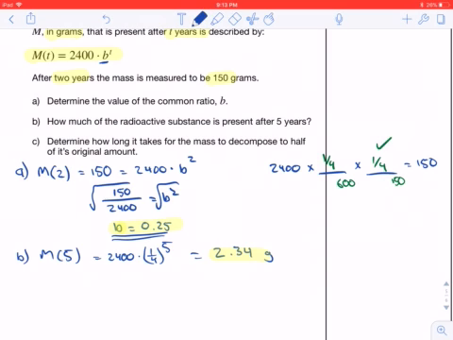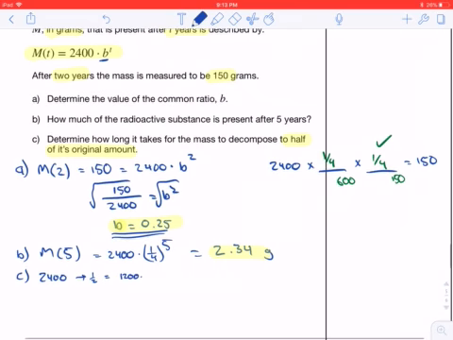And then part C is asking us, how long would it take for the mass to decompose to half its original amount? So its original amount is 2400, and half of that would be equal to 1200.